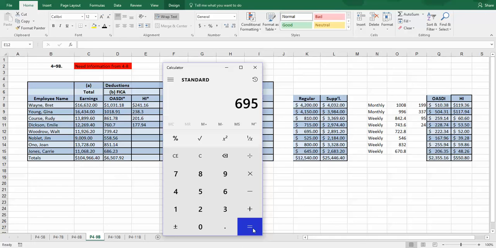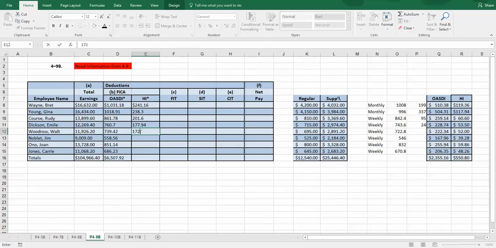So $6.95 times 1.45%. So we're going to round it to $10.08 times 12 plus the $52. So that's $172.96. And I'm going to pause the video and finish the rest of the HI calculations.